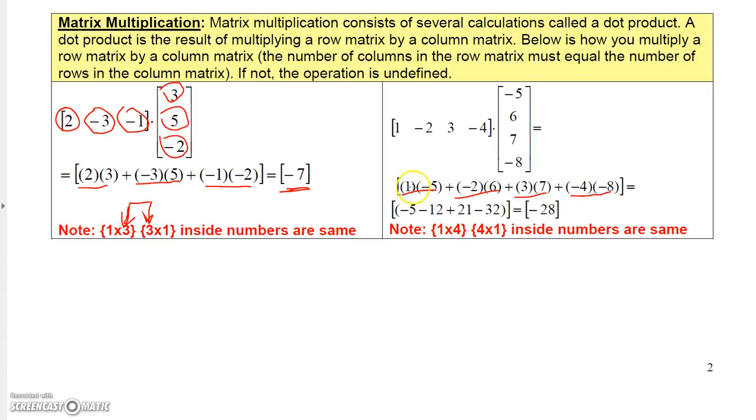And then you just do the arithmetic here, and you get minus 5, minus 12, plus 21, minus 32. And if I did my arithmetic right, that comes out to negative 28. And again, you have to have the same number of columns in the first matrix as you have rows in the second, or this operation is undefined.